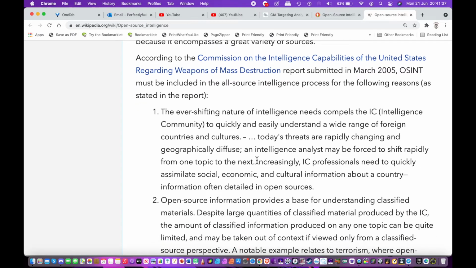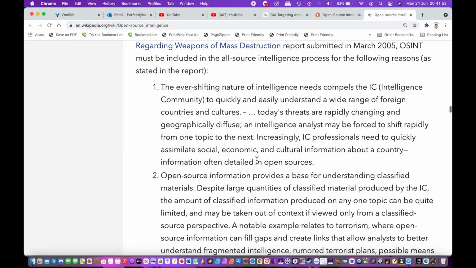1. The ever-shifting nature of intelligence needs compels the IC (intelligence community) to quickly and easily understand a wide range of foreign countries and cultures. Today's threats are rapidly changing and geographically diffuse, and intelligence analysts may be forced to shift rapidly from one topic to the next.